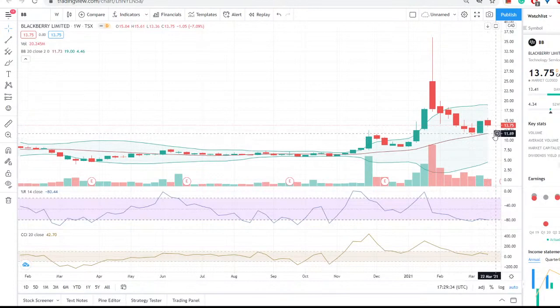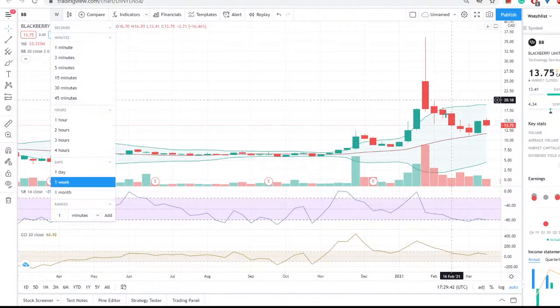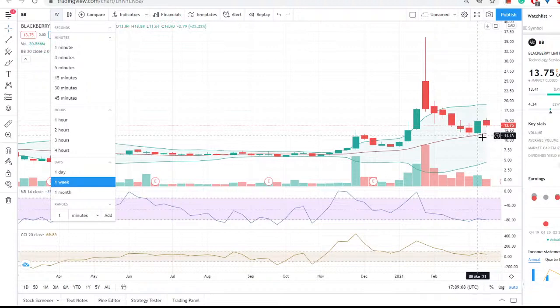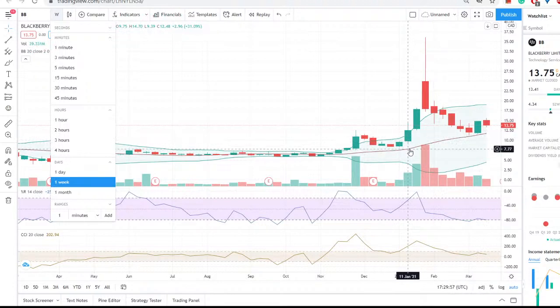So for support at 12, shall we say 9.75? Okay, 10.75 on 9.75. 9.75. Okay, and for next, I'm taking a visual guess.